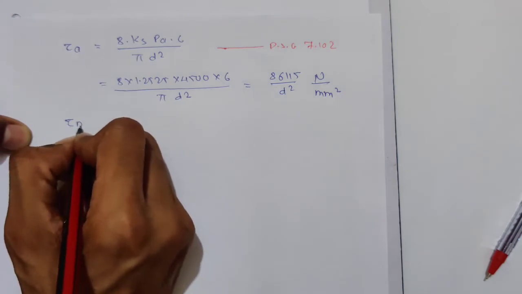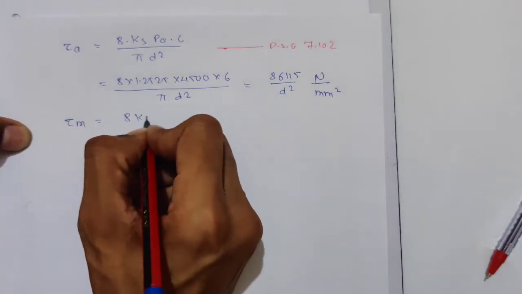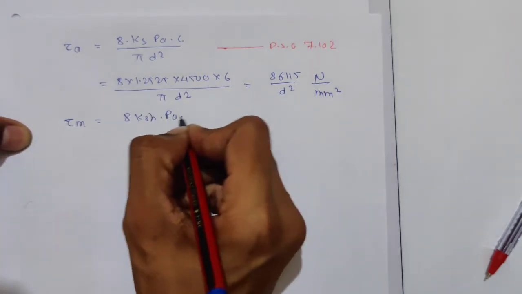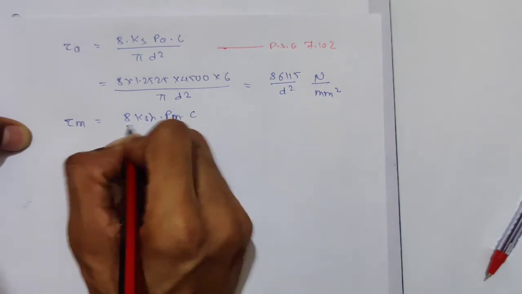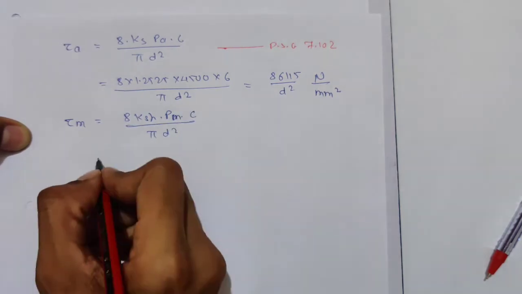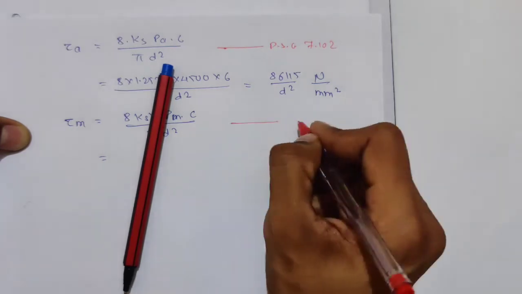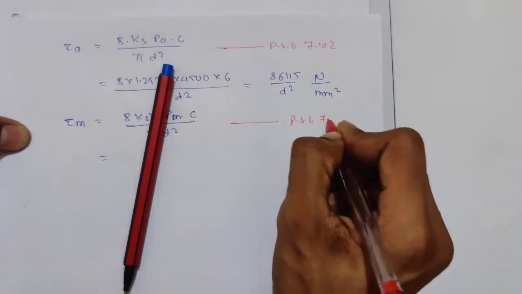Then tau mean is equal to 8 Ksh P mean C upon pi d square. This is also given in PSG 7.102.